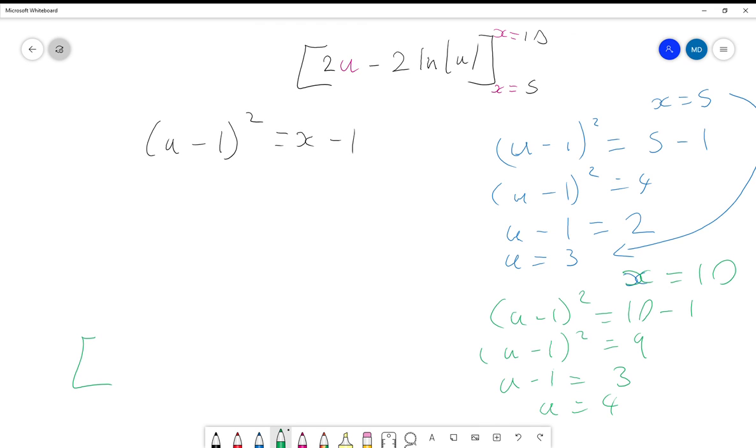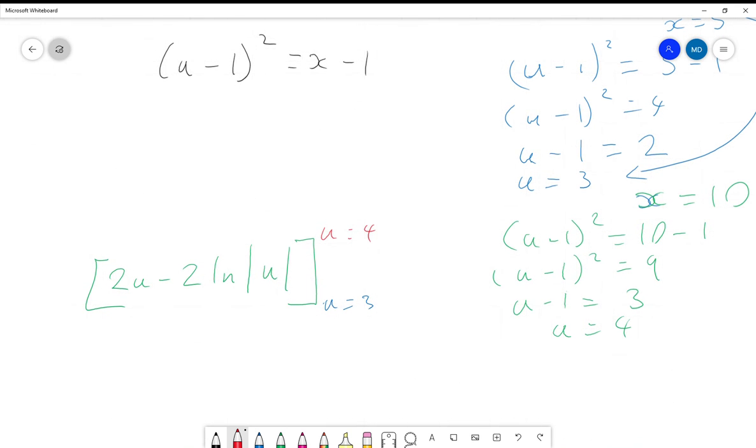This is 2u minus 2 lots of the natural log of the magnitude of u, but it doesn't matter because we're being consistent here, between u equals 3 and u equals 4.